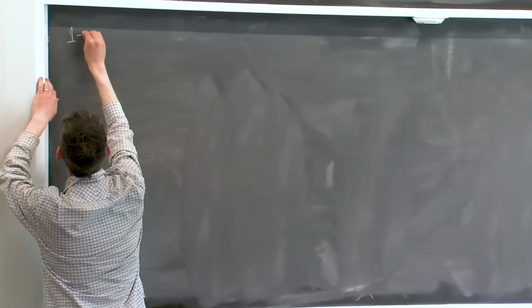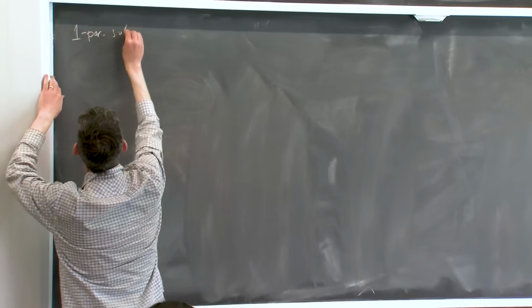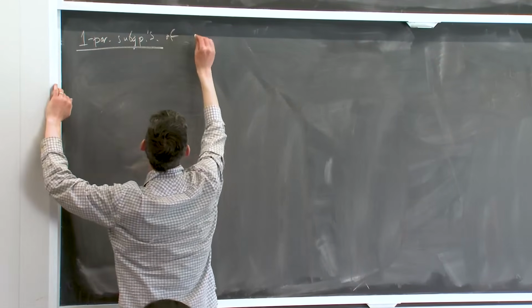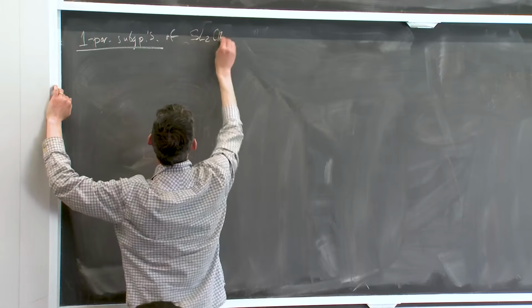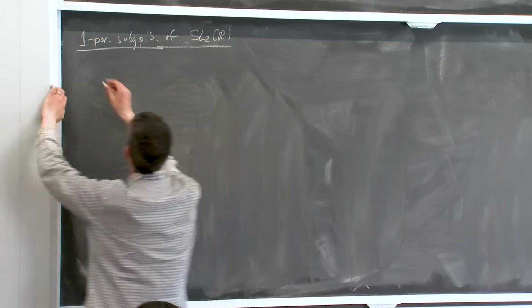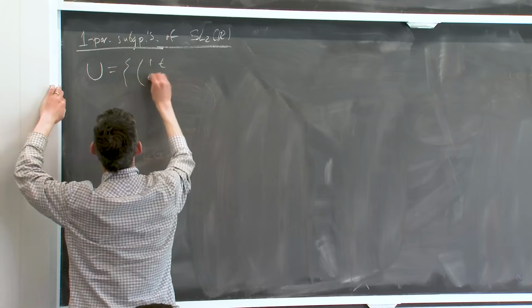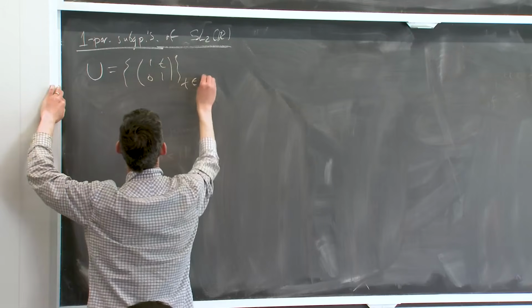OK, now inside of there, we have some interesting one-parameter subgroups of G, of SL2R. So one of them is the unipotent subgroup. So that's the set of (1, t; 0, 1), t in R. This matrix is U sub t.